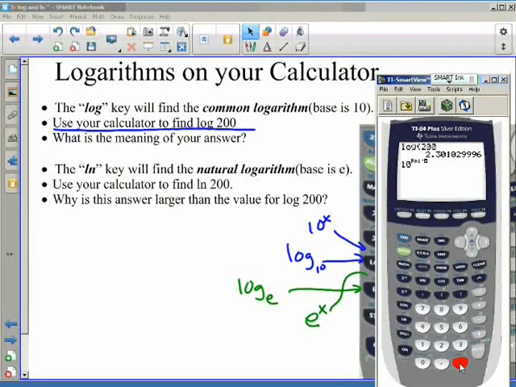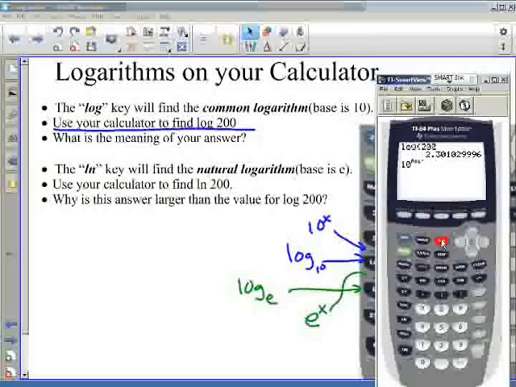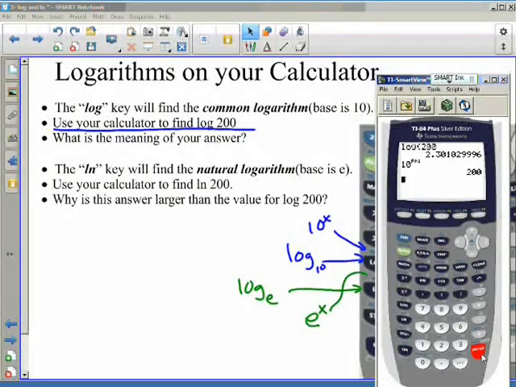So the output of a log entered as an input should give us our original value, 200. So the log of 200 gives us 2.3 and change. 10 to the 2.3 and change gives us back 200. These are inverse functions.